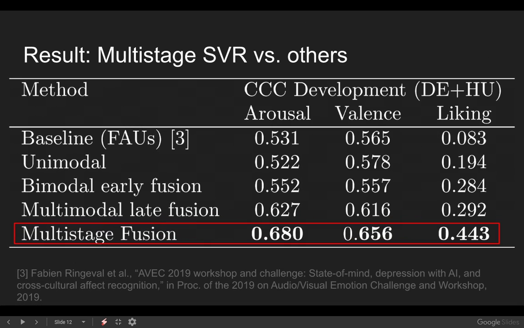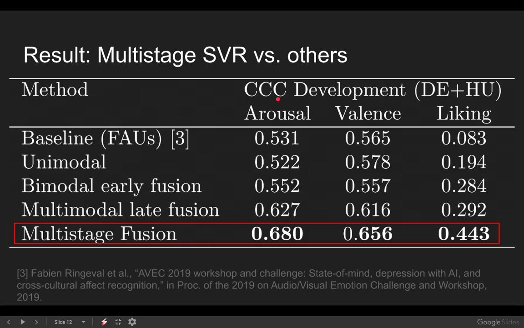The next are results from multistage SVR fusion by combining different results. As baseline, we use the FAU feature set, which is used in the baseline paper, and they show a fair result for arousal and valence.